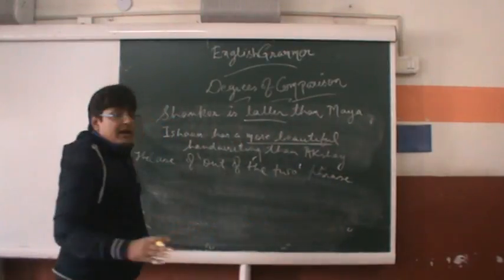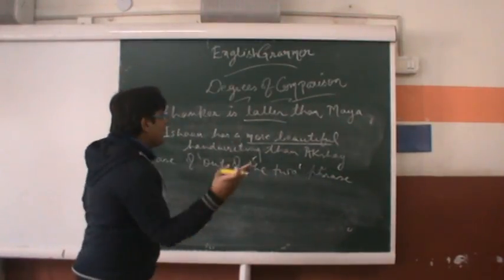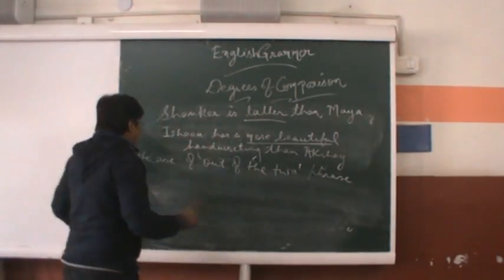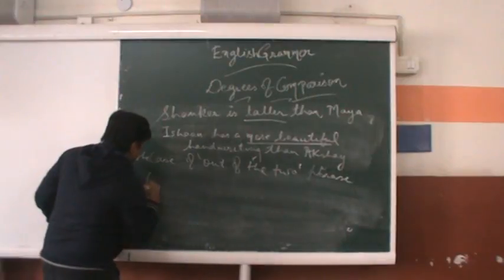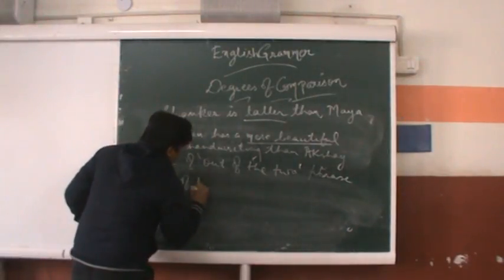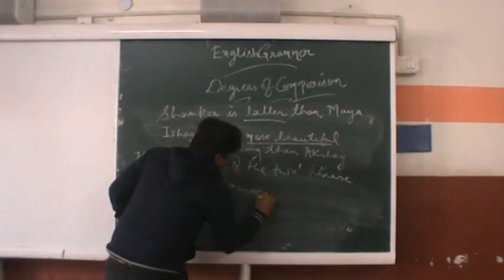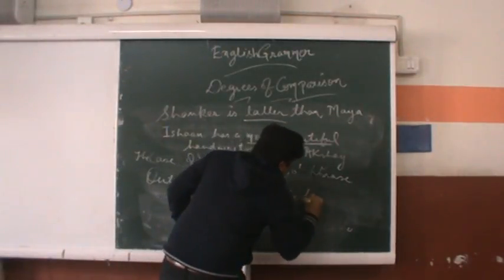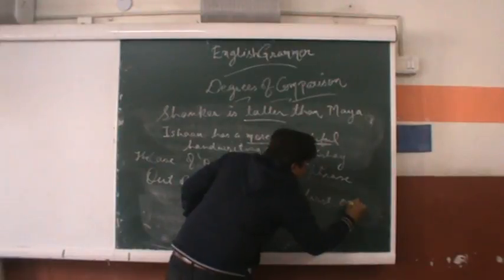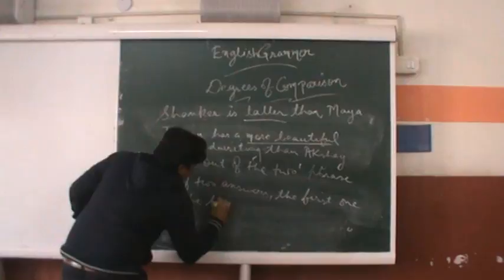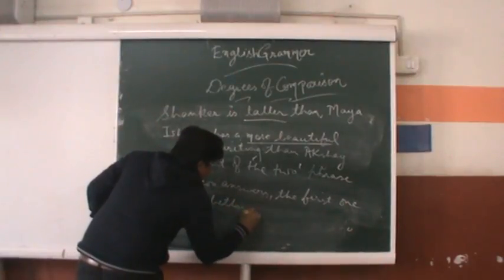See, if we have the out of the two phrase in our sentence, we can add the before the comparative degree. For example, out of the two answers, the first one is the better.